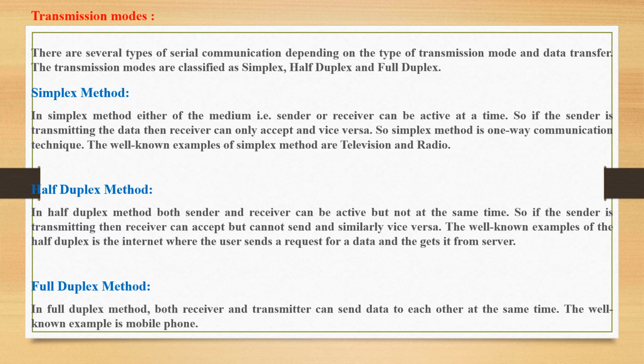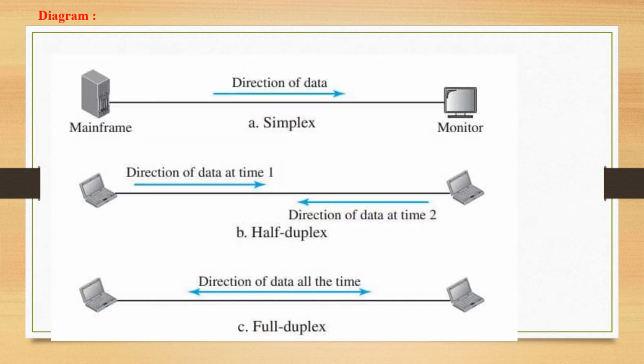A well-known example for half duplex is the internet, where the user sends a request for data and gets it from the server. Full duplex method. In full duplex, both the receiver and transmitter can send data to each other at the same time. A well-known example is the mobile phone.